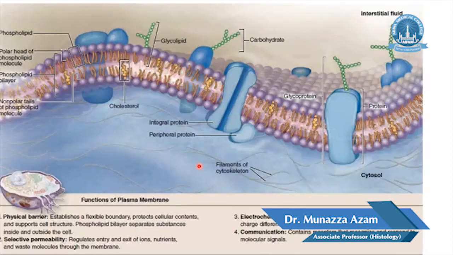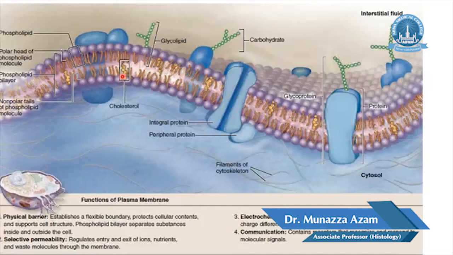The fluid mosaic model of the membrane emphasizes that the phospholipid bilayer of a membrane also contains proteins which are inserted in it or associated with its surface, that is peripheral proteins, and many of these proteins move within the fluid lipid phase.